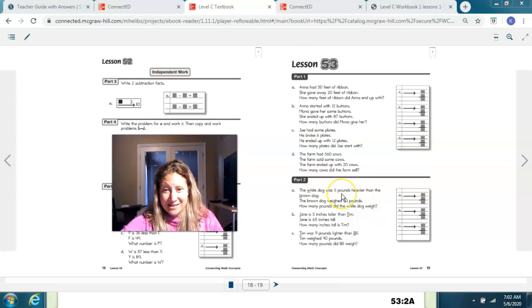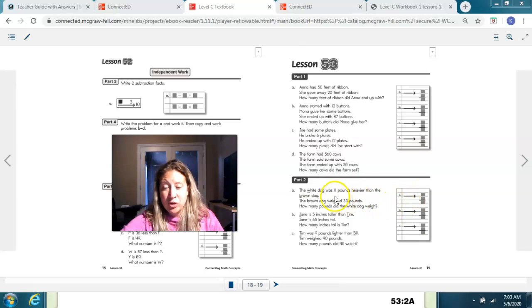The first sentence. It tells us that the white dog was 11 pounds heavier. Heavier, remember guys, means more, okay? So the white dog was more than the brown dog, right? What is the number that tells how many more or less? 11. So 11 is going to be your first small number.